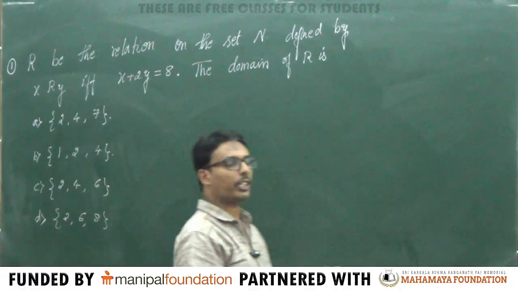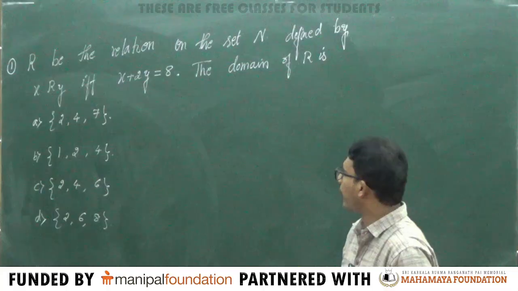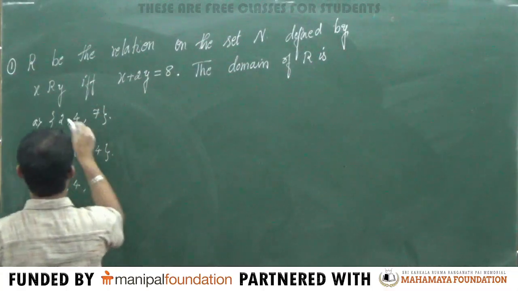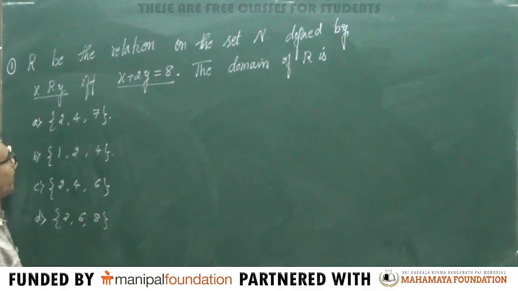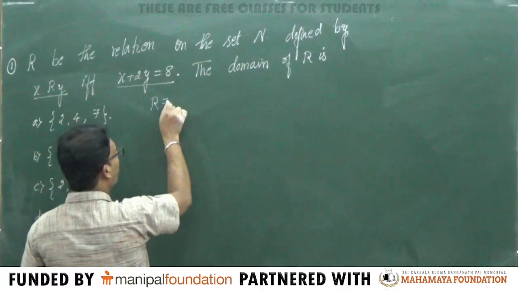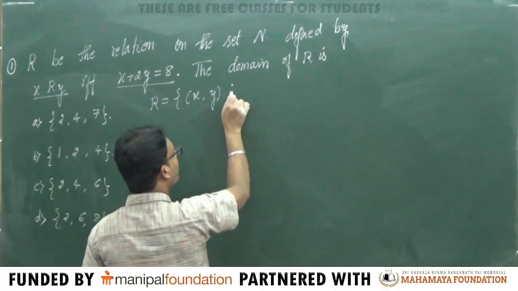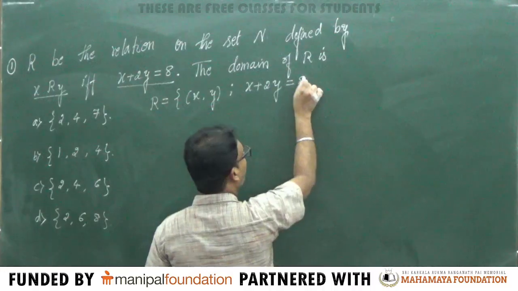So in this question they are given the set of all natural numbers, then they are defining the relation x is related to y if and only if that satisfies the equation x plus 2y is equal to 8. Then we need to find the domain of the relation R, meaning they are defining the relation R as ordered pairs x comma y such that x plus 2y is equal to 8.